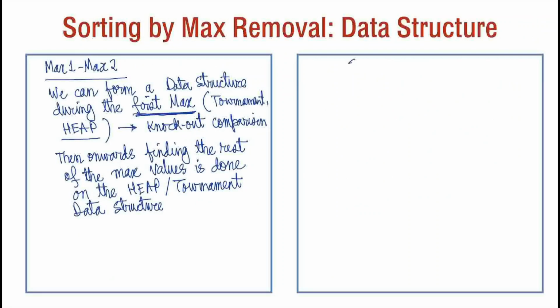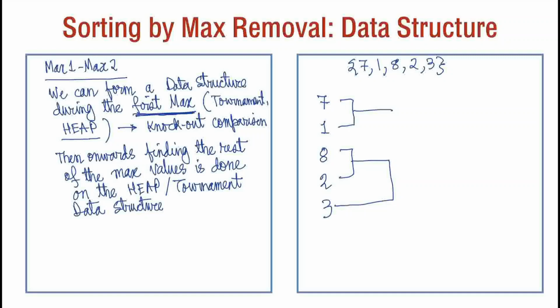So our example is 7, 1, 8, 2, 3. What we decided was that we will create this data structure which will do comparisons not one at a time, but in a pairwise manner, and create this comparison tree.